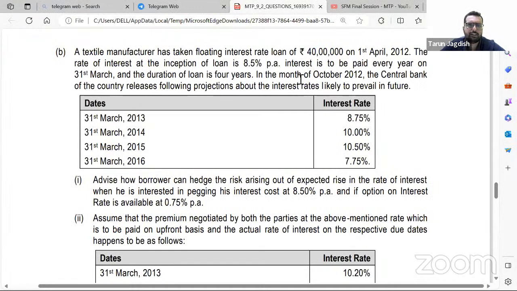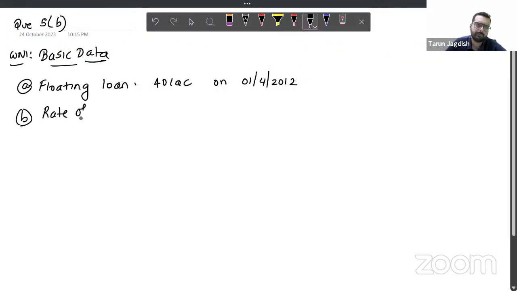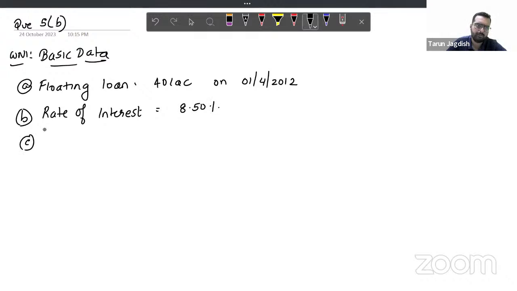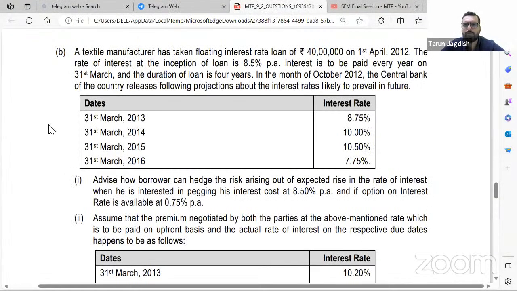The rate of interest at the inception of the loan is 8.5%, to be paid every year on 31st March. And the duration of the loan is 4 years. In the month of October, they release the following projections: 8.75, 10, 10.5, 7.75.